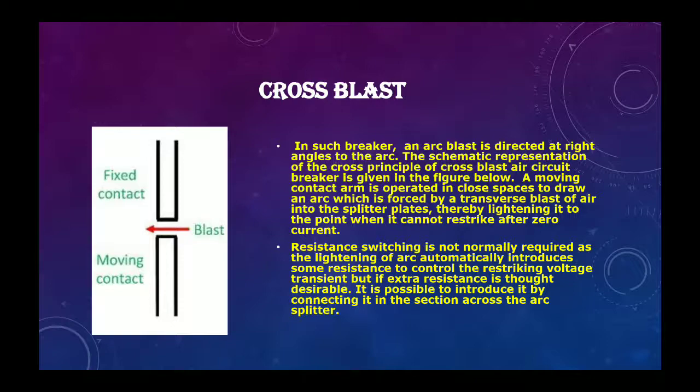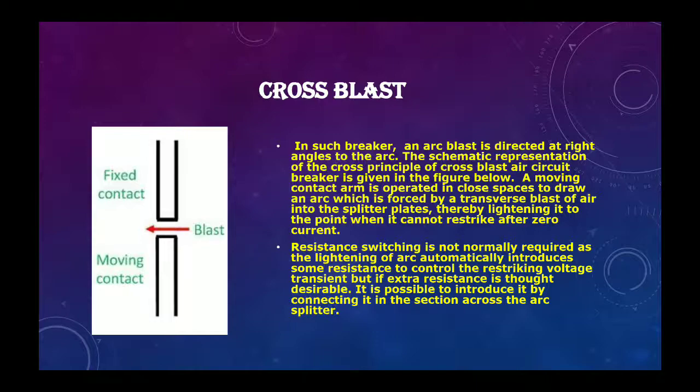Okay, so actually here the arc splitter mechanism has come. When the arc is flowing through this path, or through this vertical path, this blast effect acts as an arc splitter also. So there is no resistance switching used to minimize the arc.